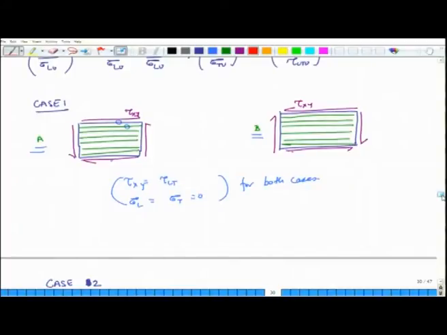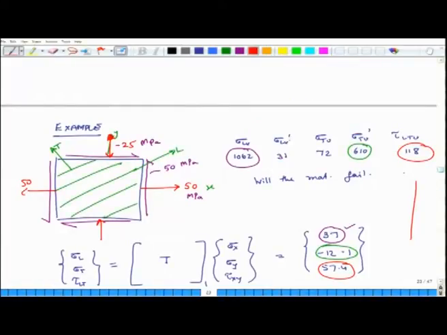Let us look at some of the numbers which we had cited earlier. For instance, in one example we said that in this composite, sigma Tu prime is 610 MPa, but sigma Tu is extremely small, 72.